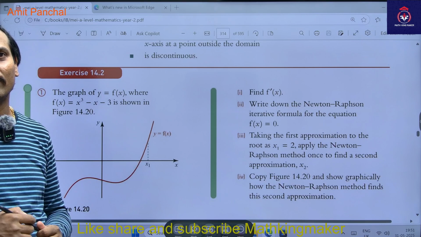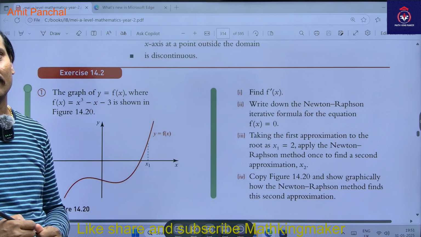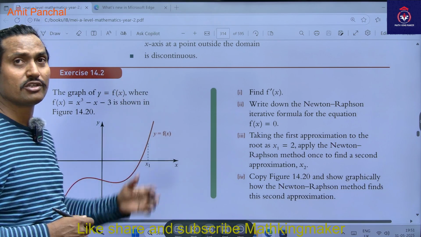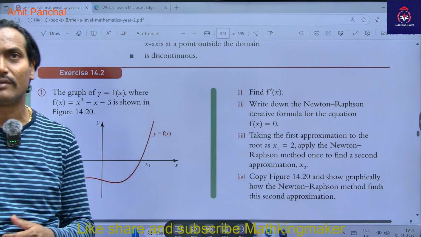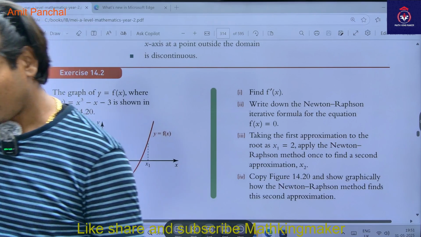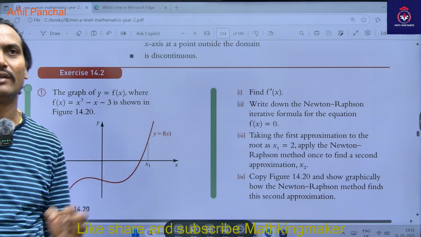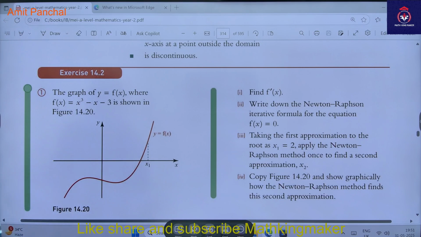Sometimes if your differentiation is not defined, your function may be defined. But if your function is not defined, then definitely differentiation will not be defined in that particular domain.